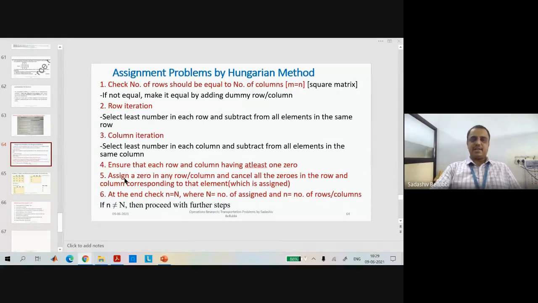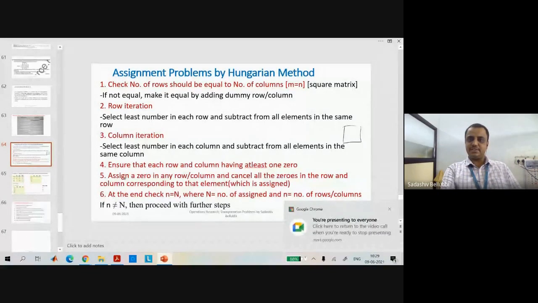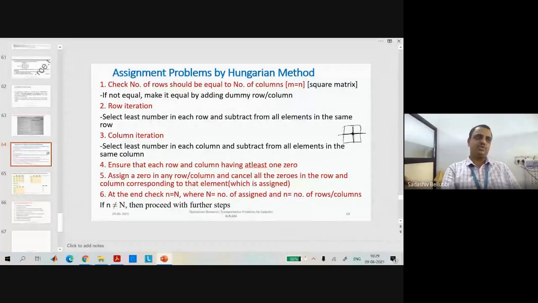Assign a 0 in any column or row and cancel all the zeros in that particular row as well as column. For example, if this is the matrix and you assign this 0, then whatever zeros are in this column and in this row should be deleted.